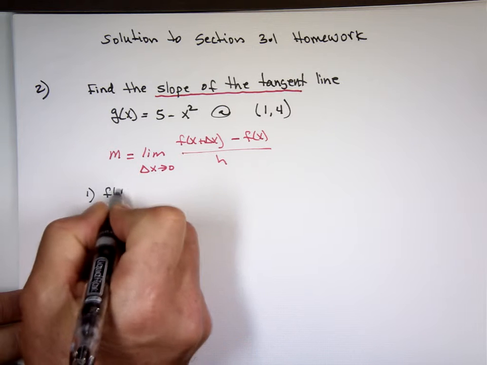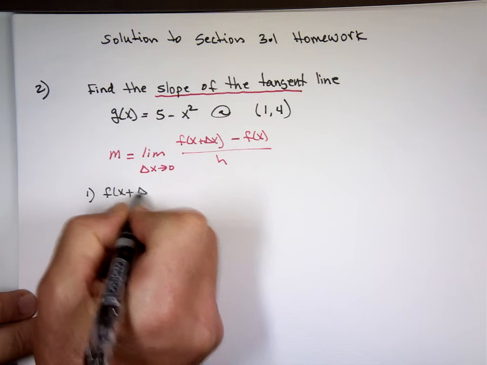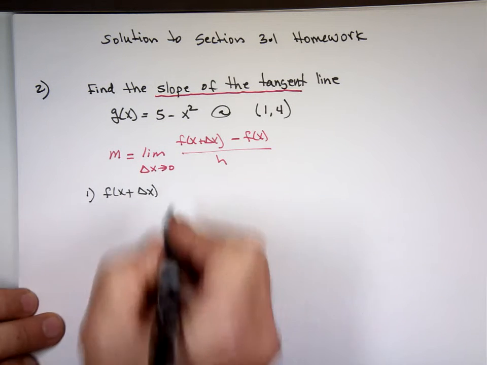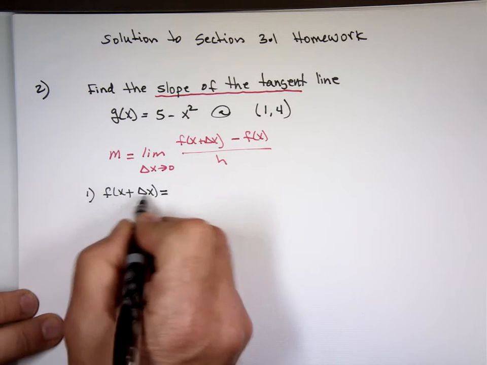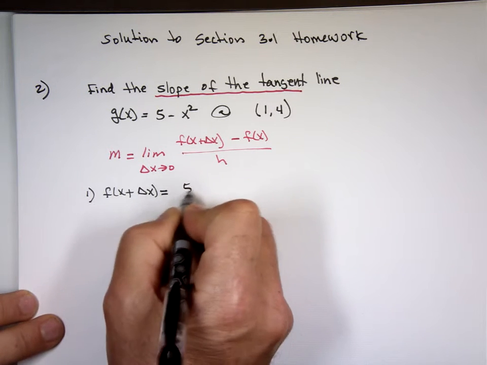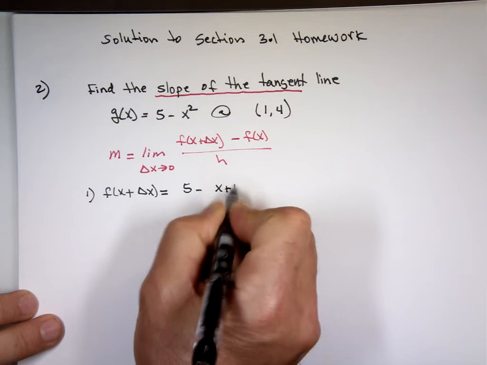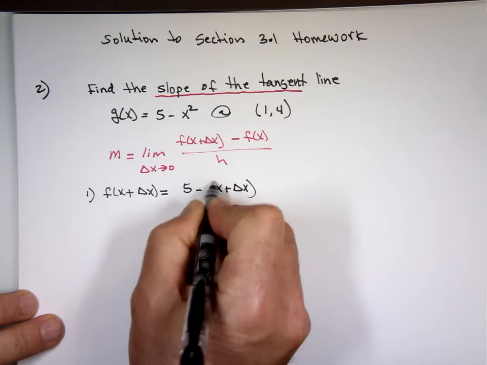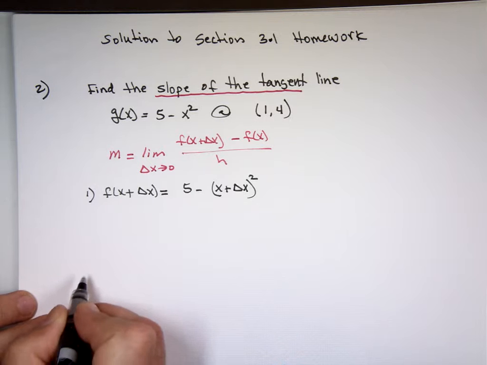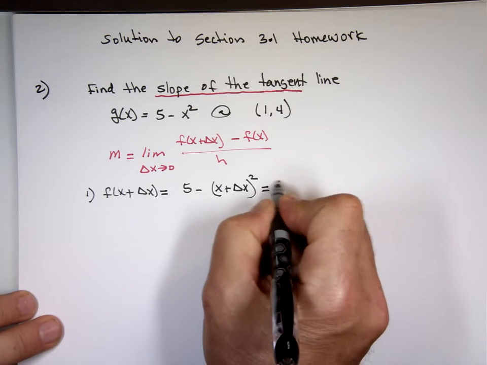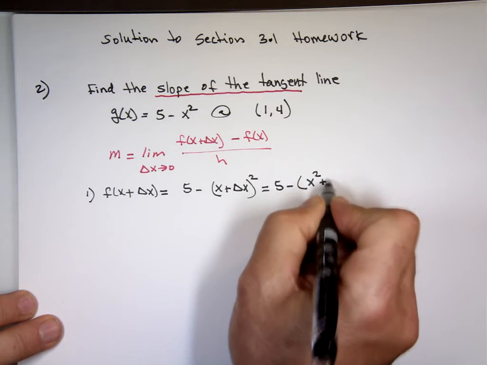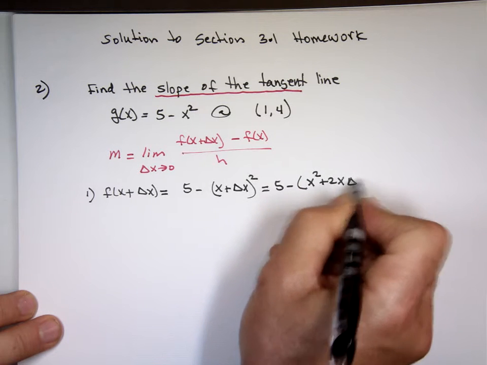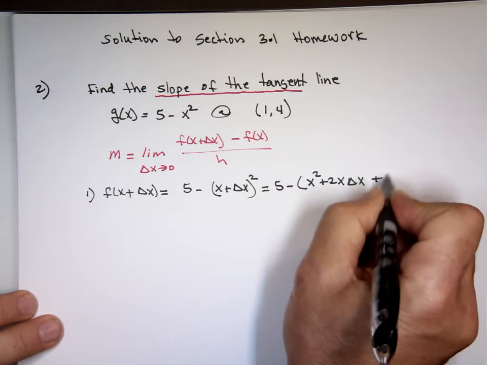Step 1: f of x plus h, or delta x. You can tell I always use h, so it takes me a while to remember that. That means replace x with x plus delta x. And if you FOIL this, that's 5 minus, FOIL that, x squared plus 2x delta x plus delta x squared.